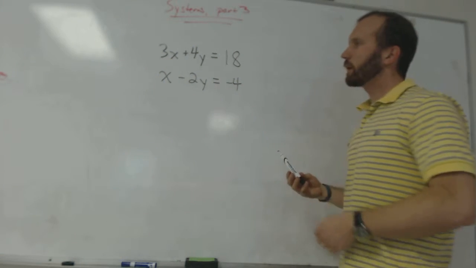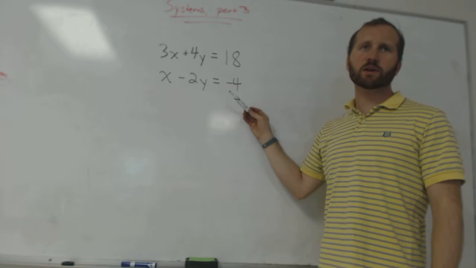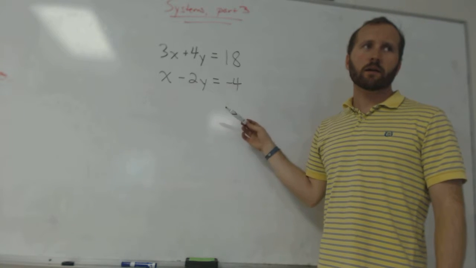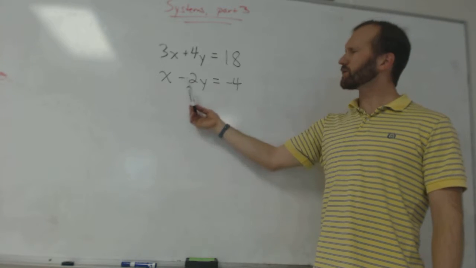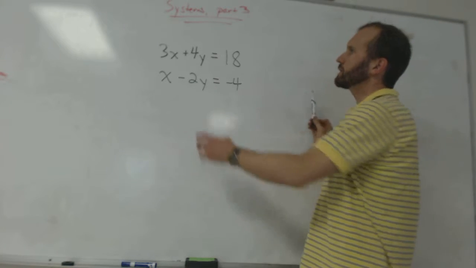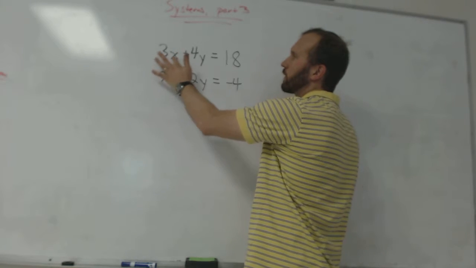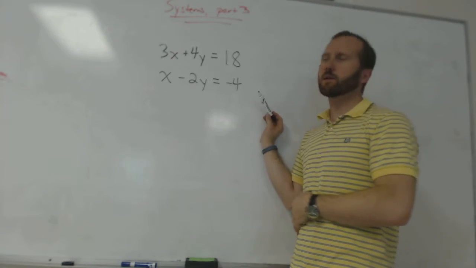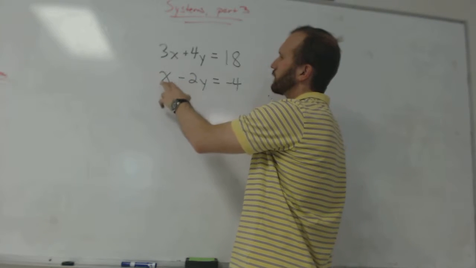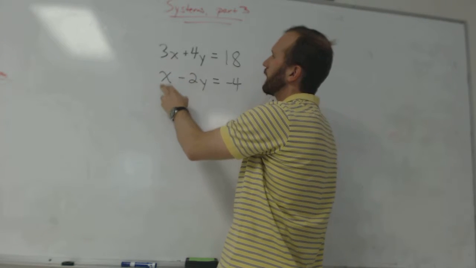Now, every system so far has either had the x or the y have the same numerical coefficient. So like we would have had 3x and 3x, or 3x and negative 3x.